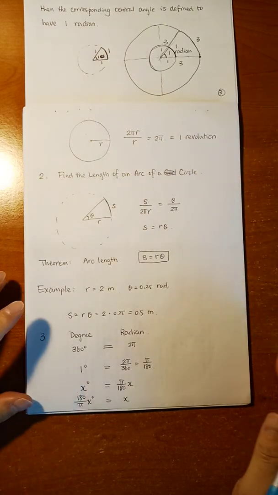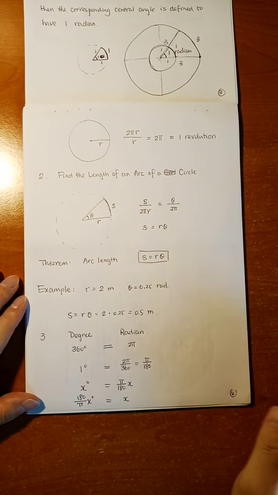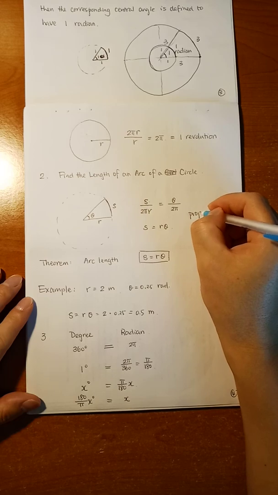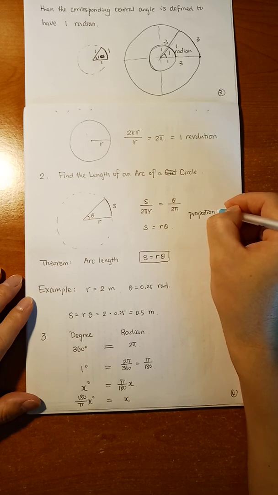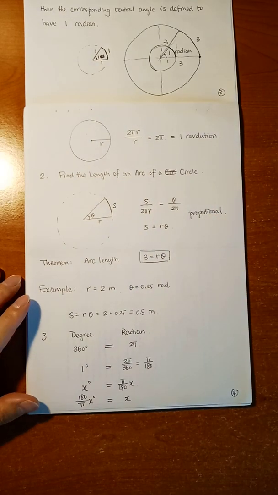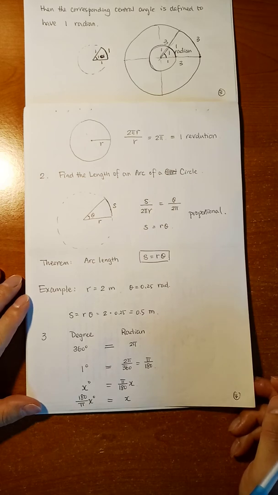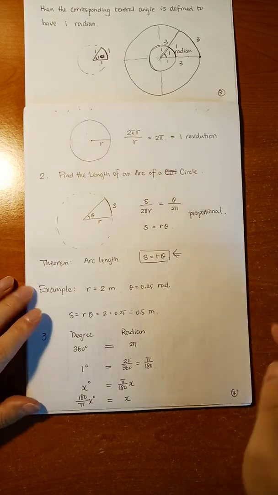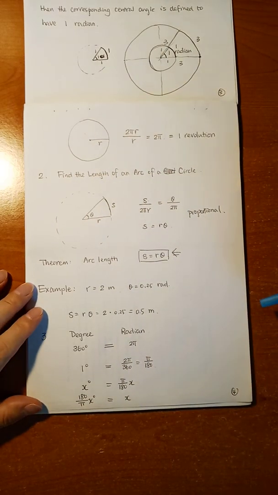Understanding one process is enough. And in this part, remember this is an important formula: arc length is r theta.